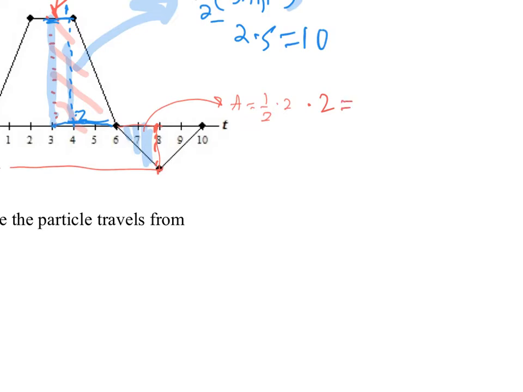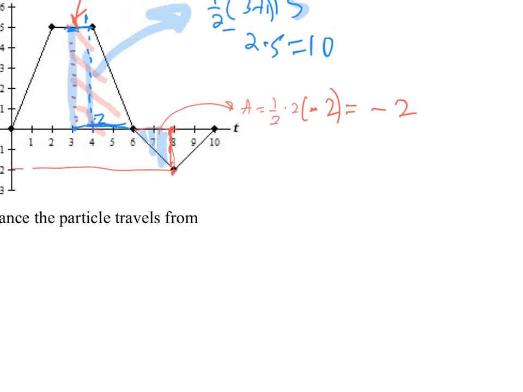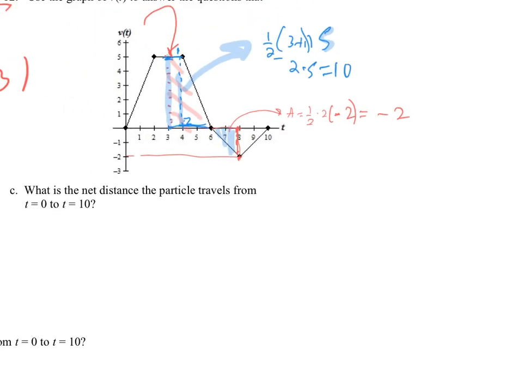So that's 2, and it's negative 2. You could say that the height was negative. So when I said that the height was 2, 1/2 the base times really a -2 gives you the -2 answer. So you put these together, you got a net of 8.